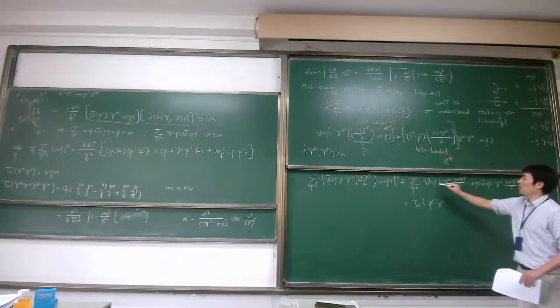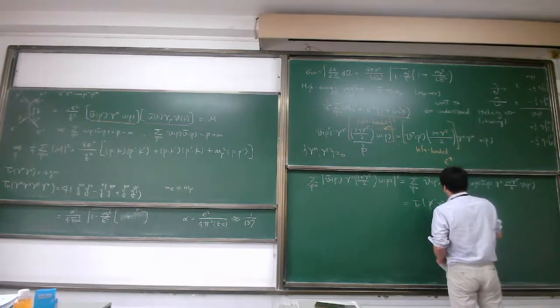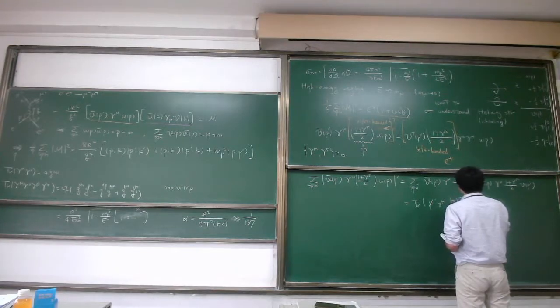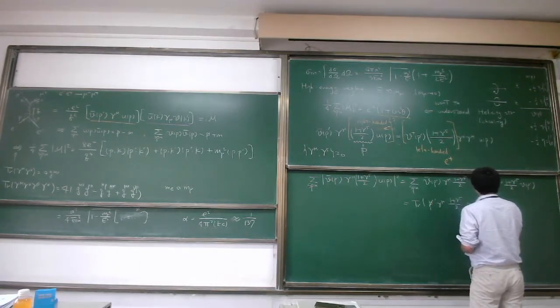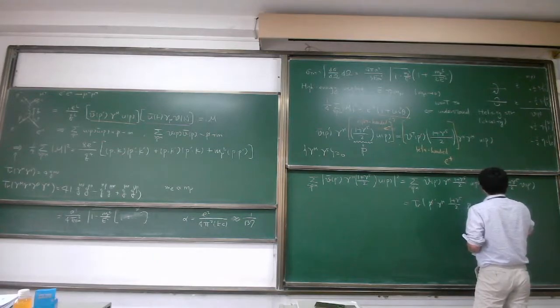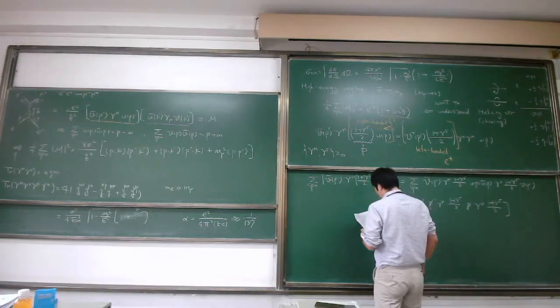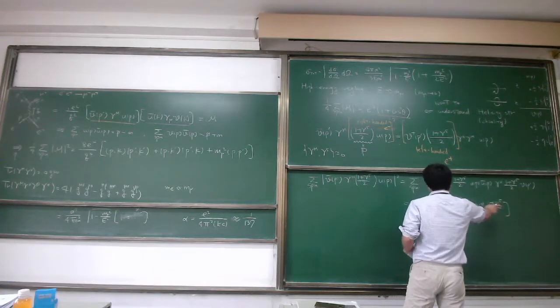So b and b bar will give you p prime slash, 1 plus gamma 5 over 2, p slash gamma nu, 1 plus gamma 5. So this is what we want to understand.